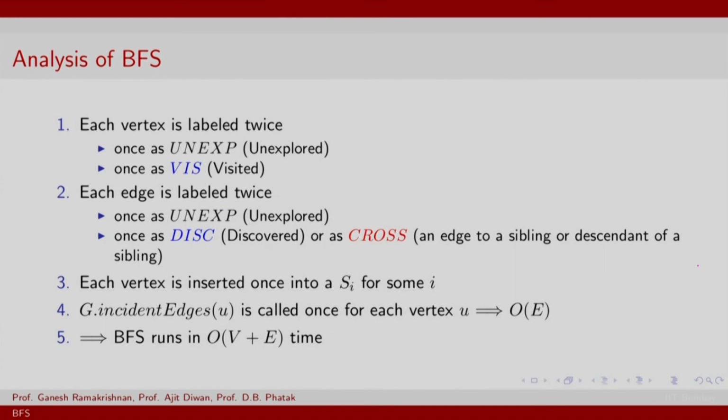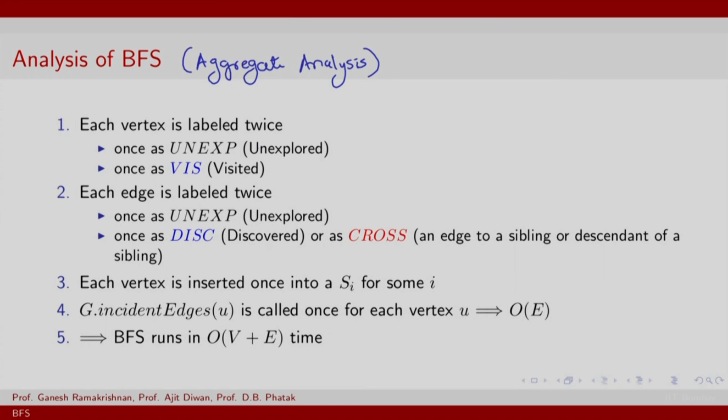Analysis is fairly straightforward. For most graph algorithms, we will resort to some kind of collective analysis. The kind of collective analysis we will talk about is called aggregate analysis, which looks at the aggregate statistics of the number of accesses.